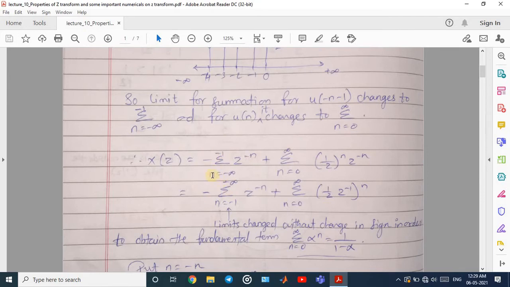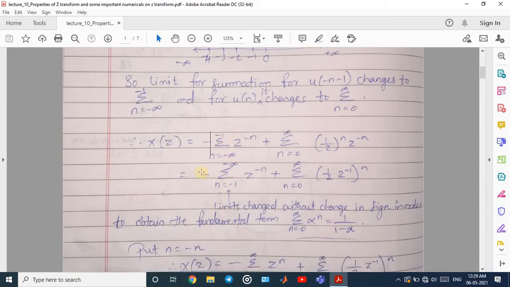This n can be changed by this. So minus outside as it is, the lower limit will become minus 1 and the upper limit will become minus infinity without changing the sign, because this is a property of summation. Then z to the power minus n as it is, plus summation of n equals 0 to infinity as it is.